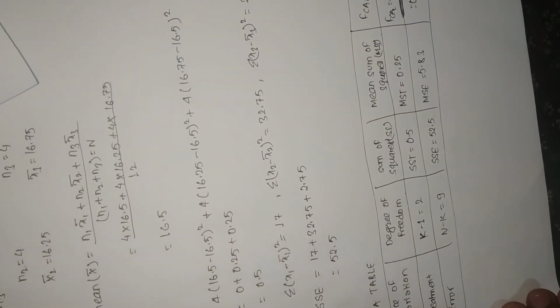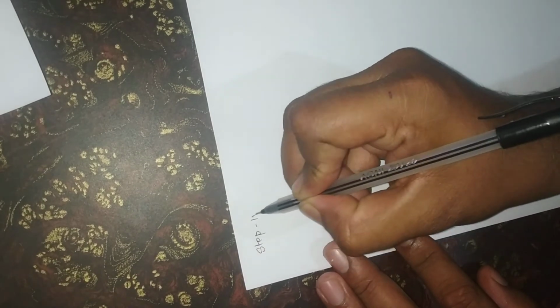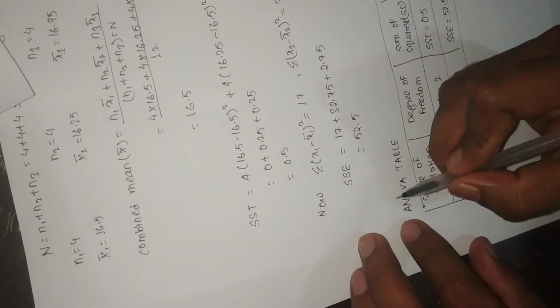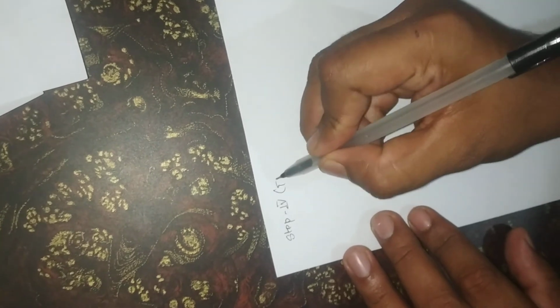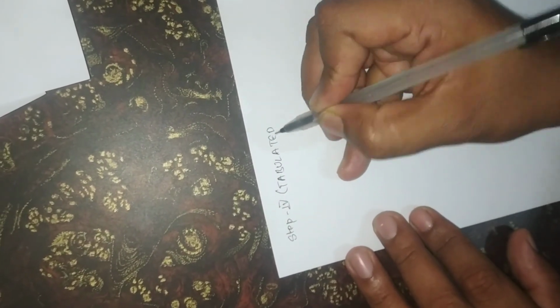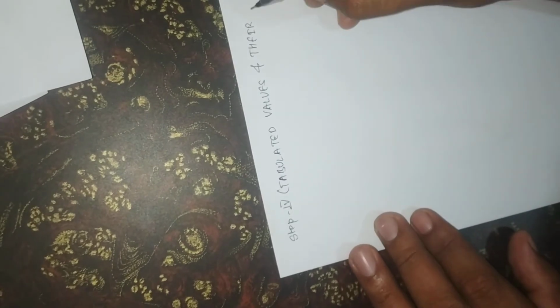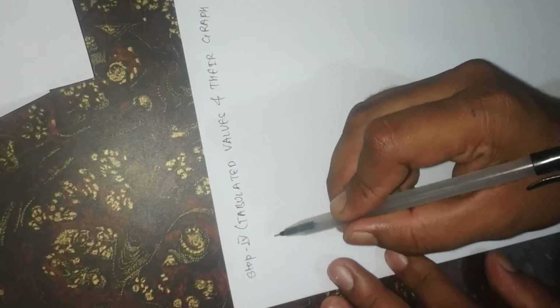Now we move to step 4: tabulated values and their graph.